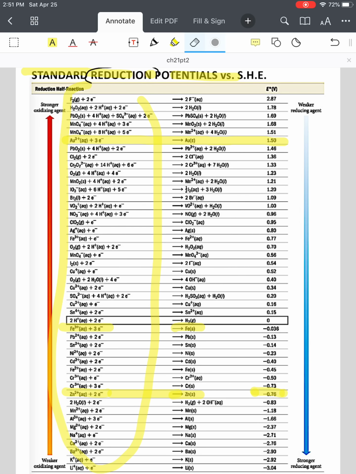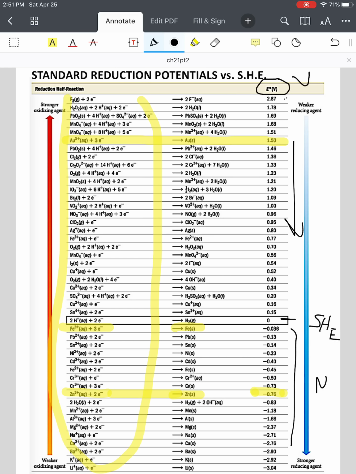And what this table then does for us, if you look over on the far right, you'll see basically a list of standard reduction potentials in volt units from very high positive numbers all the way down through 0. That's our SHE, isn't it? And then down below 0, we have what? Negative values.